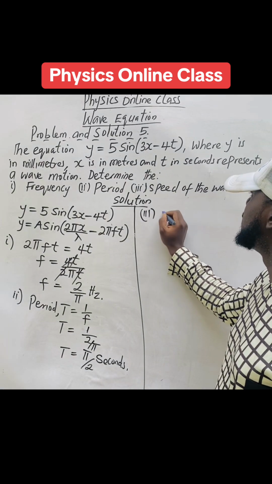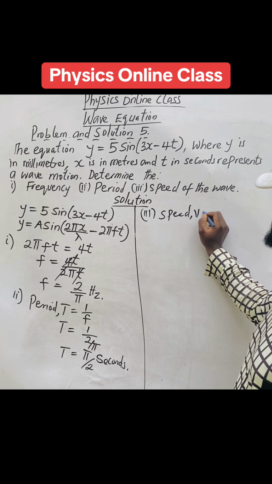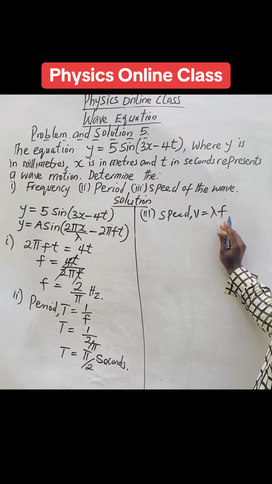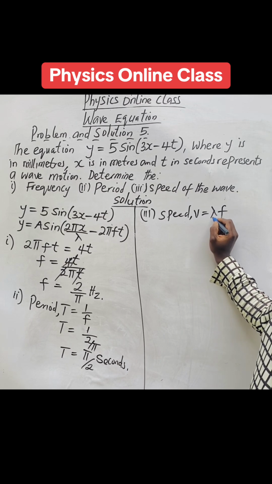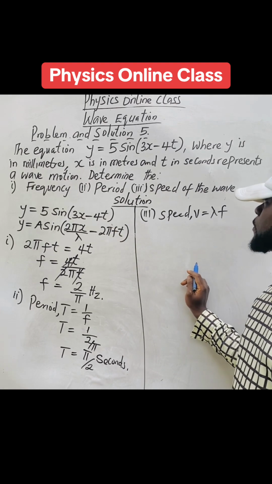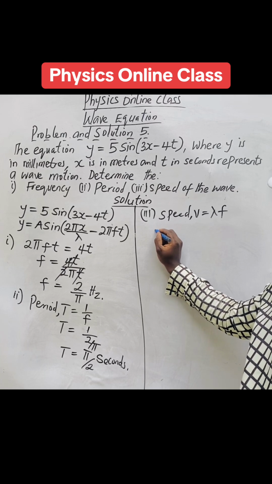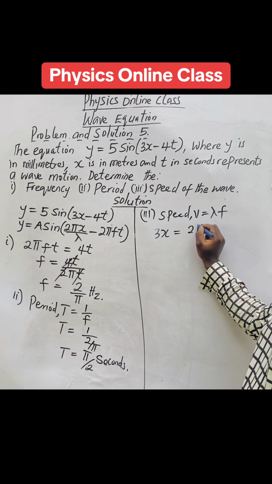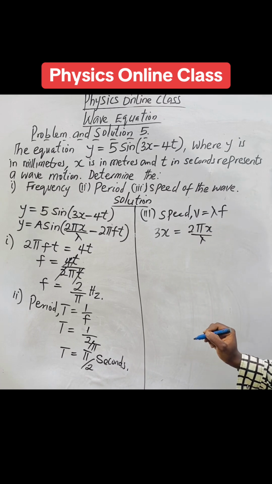It's number 3, which says speed. So speed v is equal to wavelength times frequency, that is lambda times f. Okay? And here we don't know our wavelength. So we can go back to the equation. The wavelength, that is this. So you compare. So you have 3x is equal to 2 pi x over lambda, right?